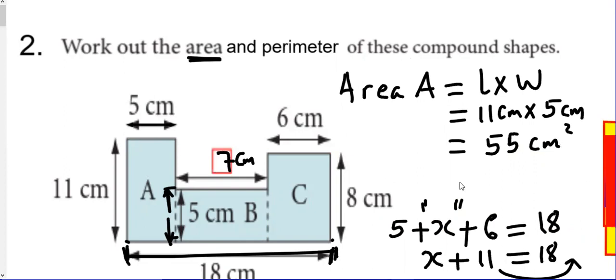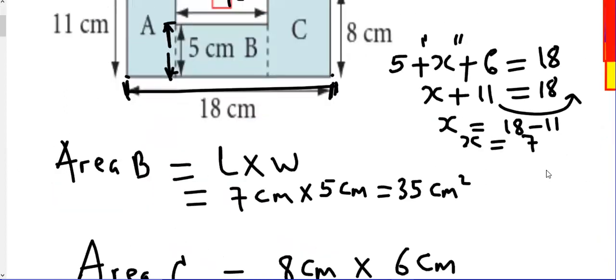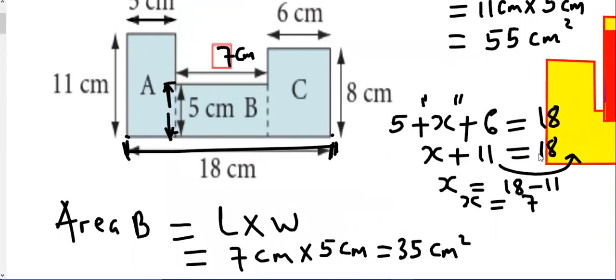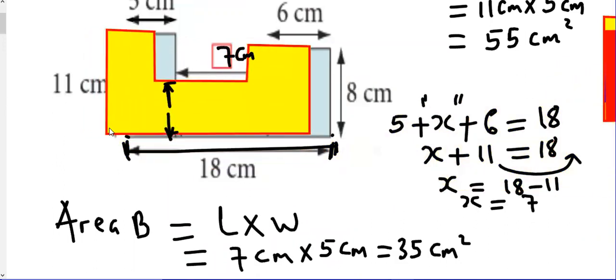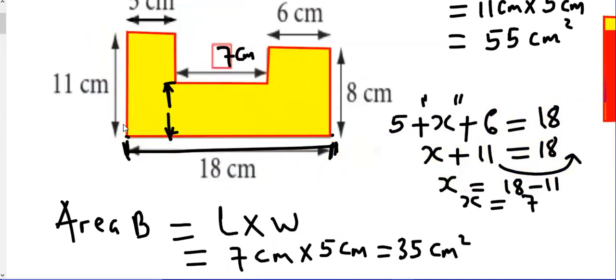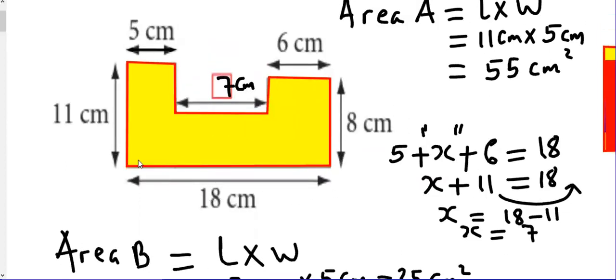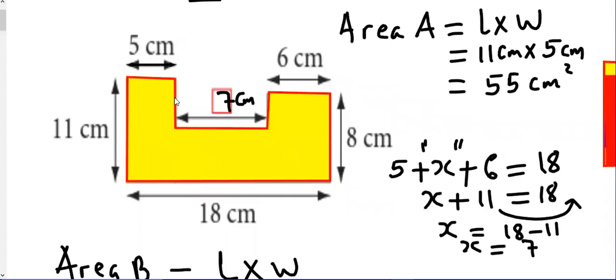And the compound shape I was talking about is this one. What is the area of the compound shape you see there? The yellow color is the compound shape.